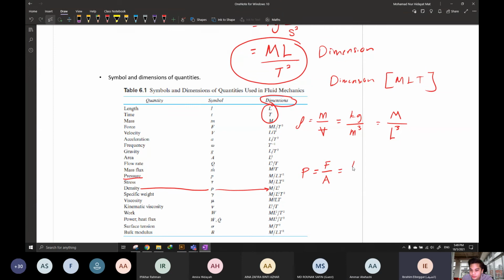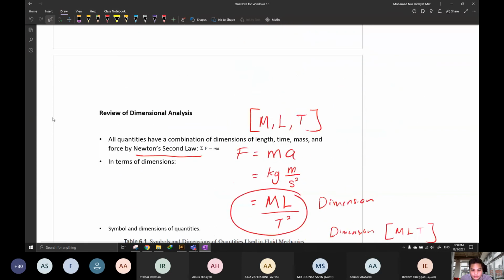Newton per meter square. Yeah. Okay. So Newton is the force, and the force equals mass multiplied by acceleration.